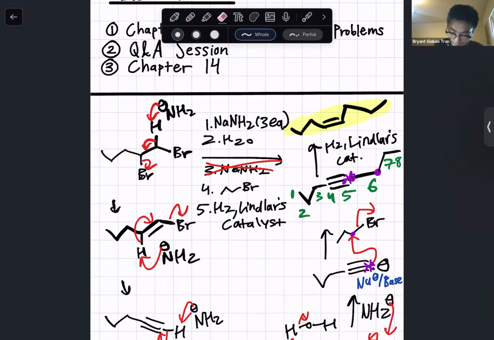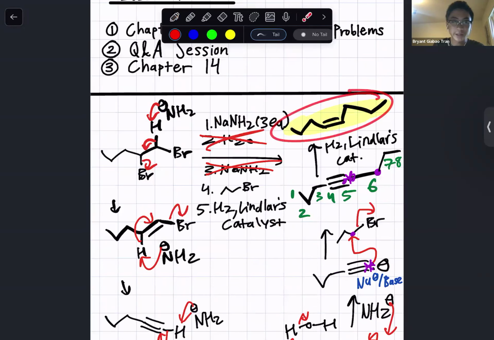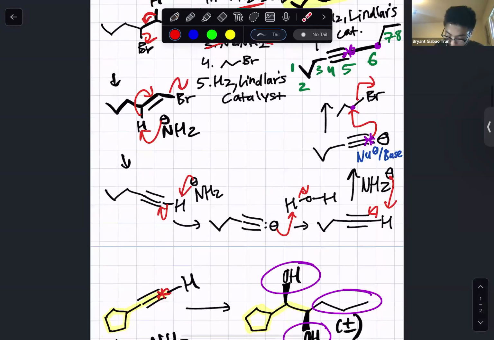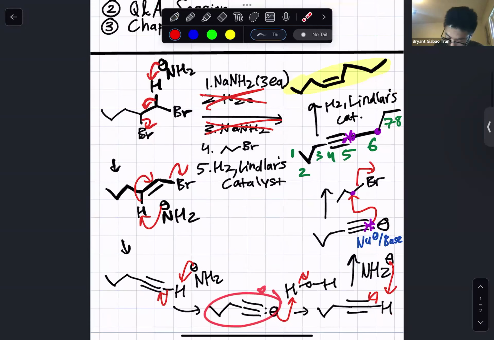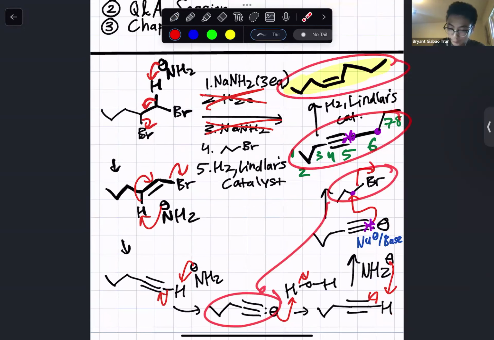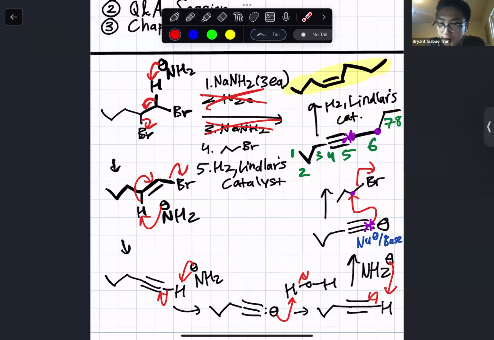We didn't need those 2 steps to get to the same exact structure here, right? The NH2, 3 equivalents, could have just stopped here, and then you could have gone straight with this haloalkane and then reduced that. We didn't need these 2 steps here, right? It's just to show the different reactions.